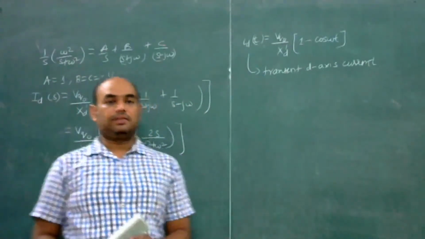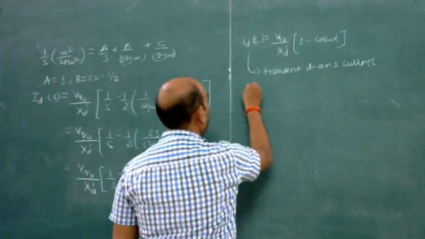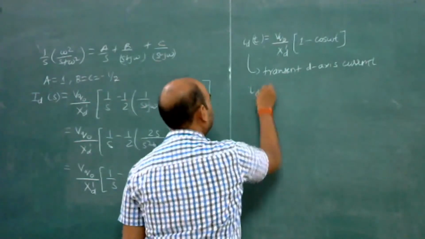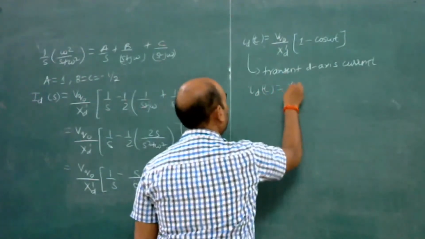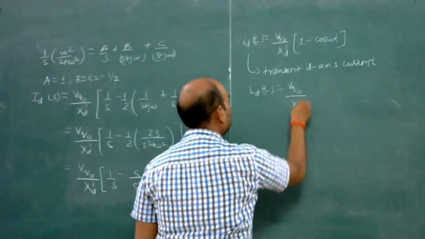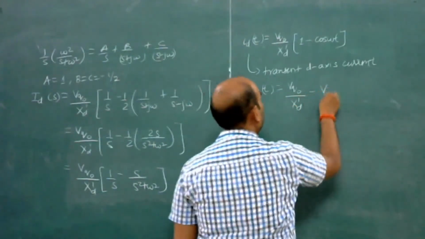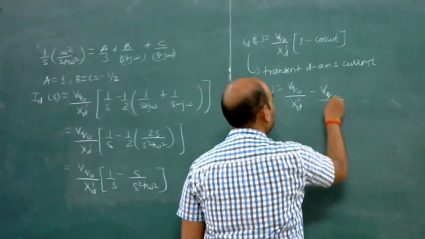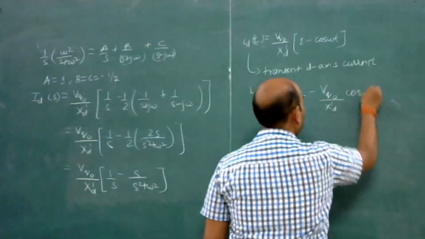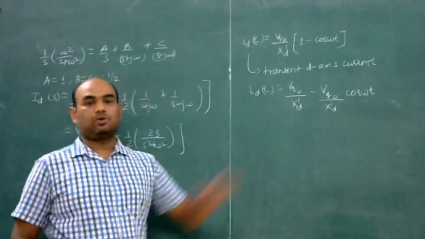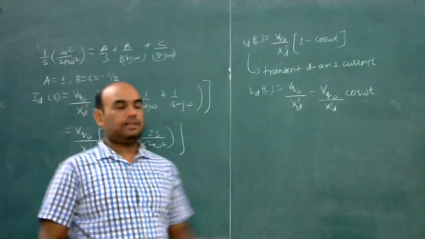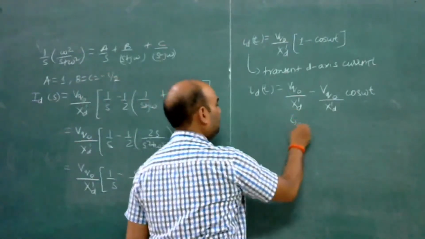Okay, and it consists of, so we can write it as ID equal to VQ naught upon XD dash minus VQ naught upon XD dash into cos omega t. Okay, so it has got two components. So one is the DC component.